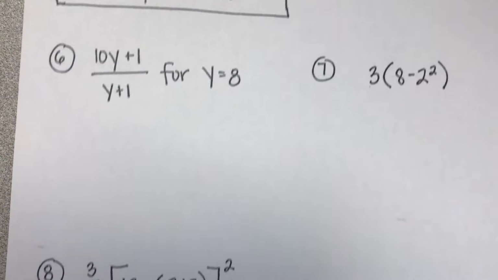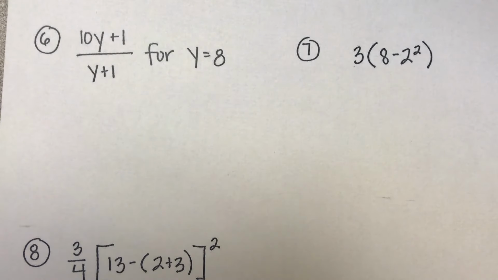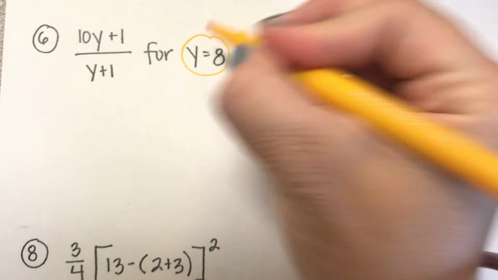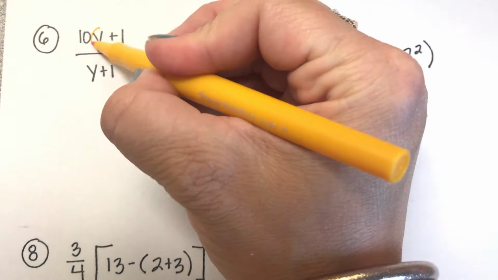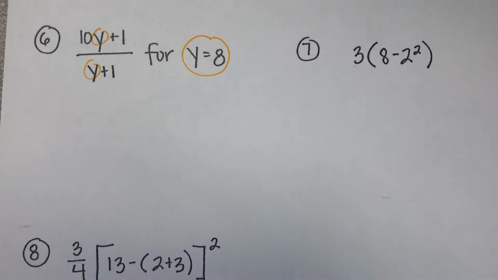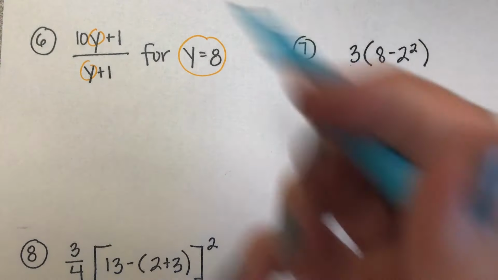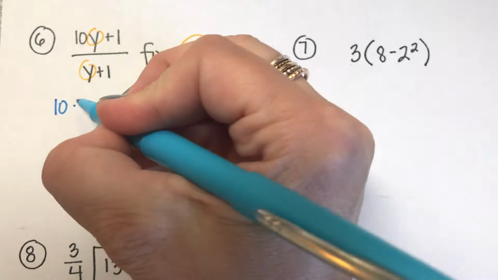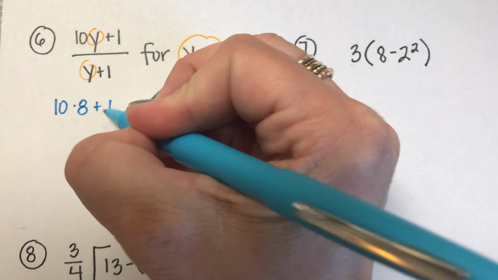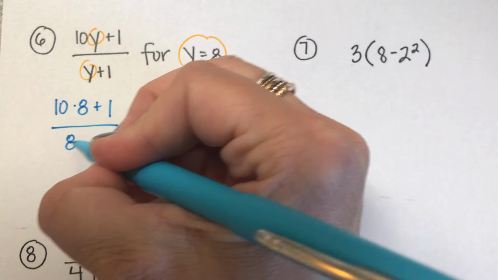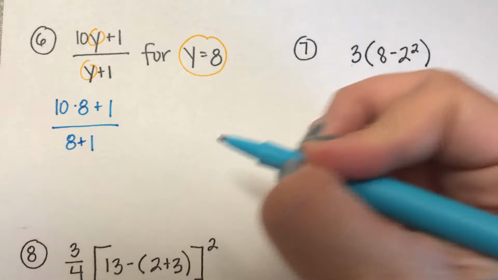So let's look at 6. Same thing. This time y is equal to 8, so every time I see a y, I'm going to put an 8. On number 6, I'm going to have 10 times 8 plus 1 over 8 plus 1.